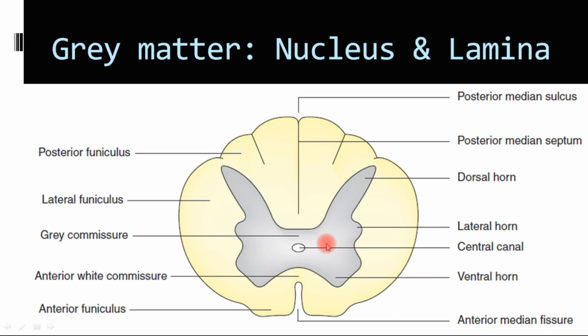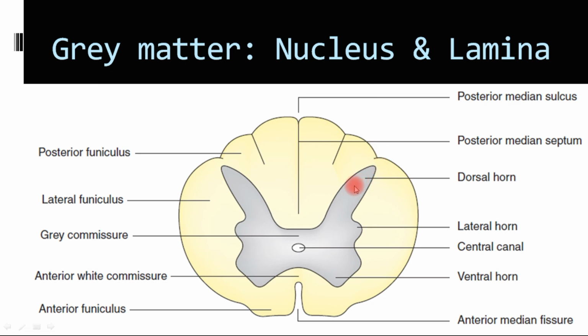Now this grey matter can be further divided into nuclei and laminae. Why nucleus? Because it is a collection of cell bodies in these horns from where the neurons arise and go out as a spinal nerve or go upwards towards the brain as an ascending tract.